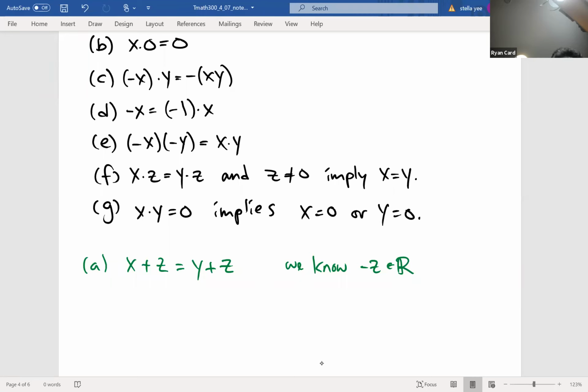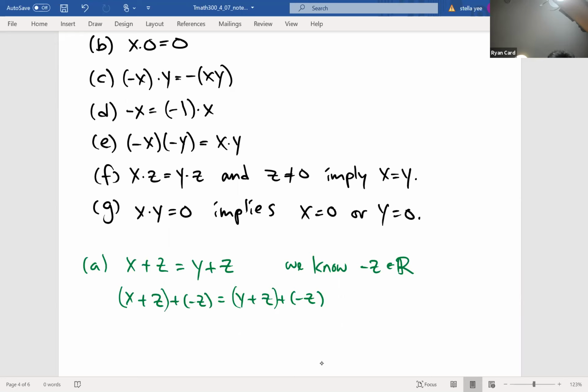So we have x plus z plus negative z, and y plus z plus negative z. When I write these addition signs, I'm being a little bit sloppy here because I know that everything is associative. But here I started with the element x plus z, and I'm adding negative z to it, so I should have parentheses here.